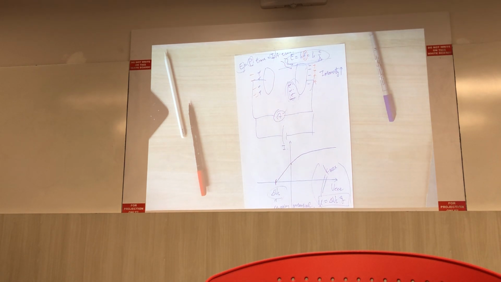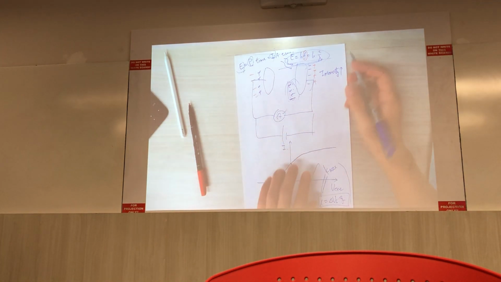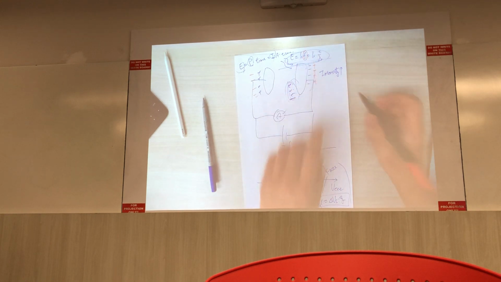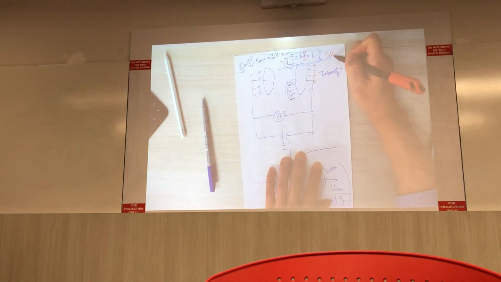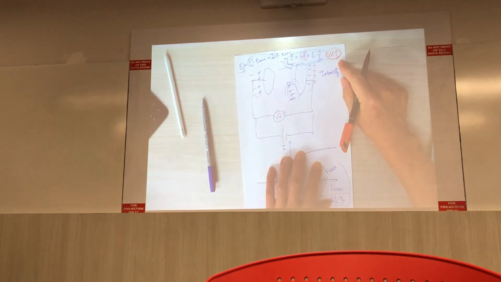Say 1 watt laser, now I increase to 10 watt laser. What actually happened? I increase the number of photons. So another way to increase the intensity is I simply increase the number of photons.